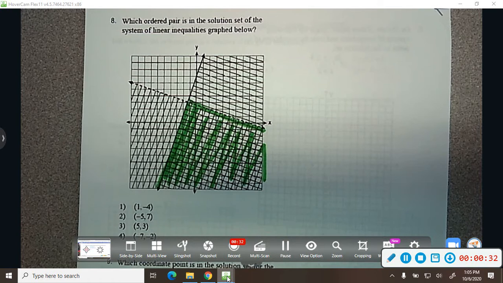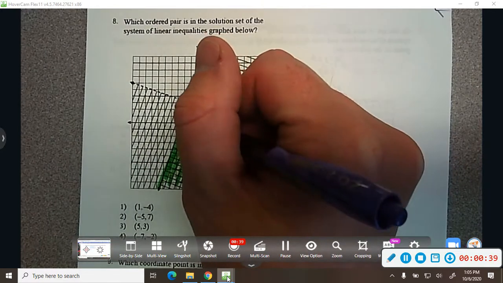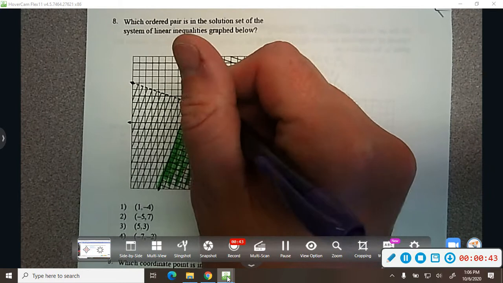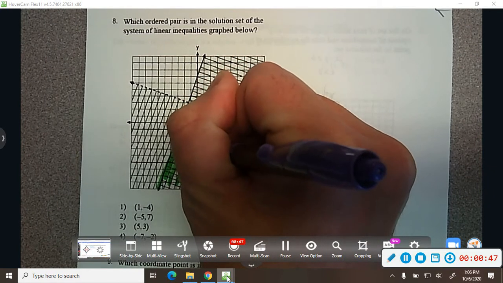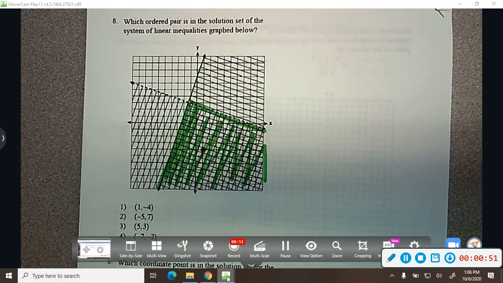Then I start plotting my points, and they say 1, -4. So I go plot 1, -4, which now I can't see anything. 1, 1, 2, 3, 4. Looks like 1, -4 is in there, right? And then -5, 7.